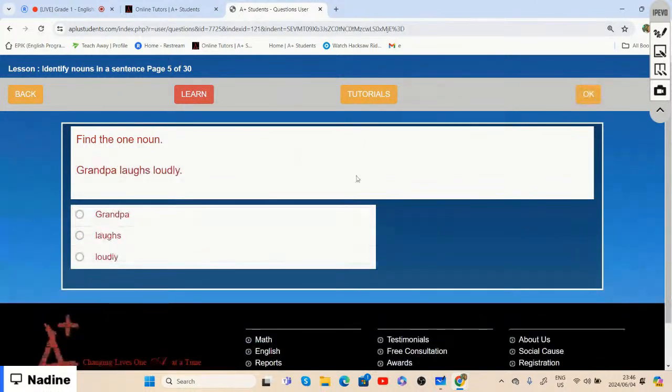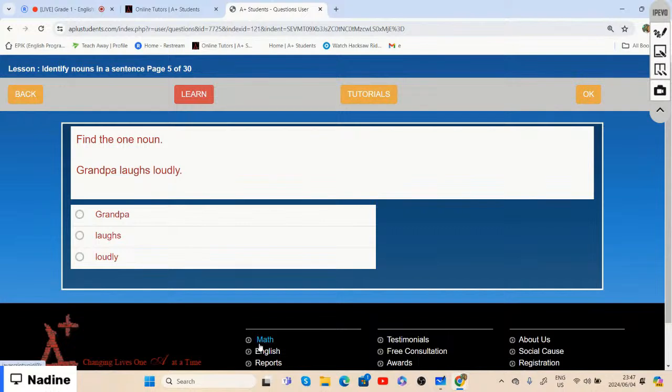All right, one last one. It says Grandpa laughs loudly. Who laughs loudly? So we need to identify the one noun within that sentence. Grandpa laughs loudly.